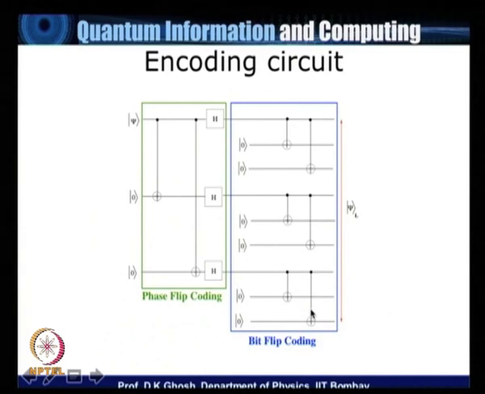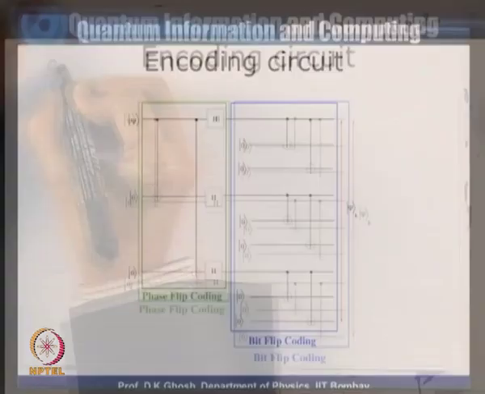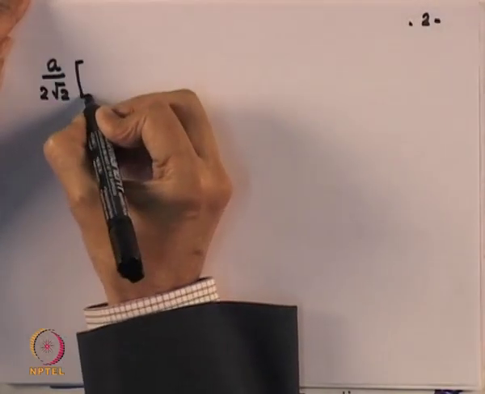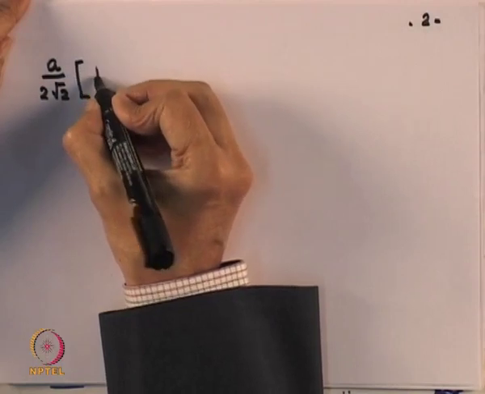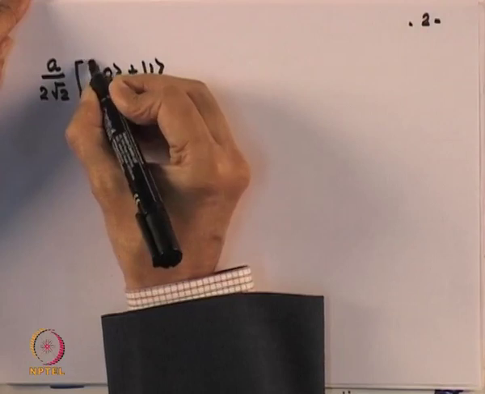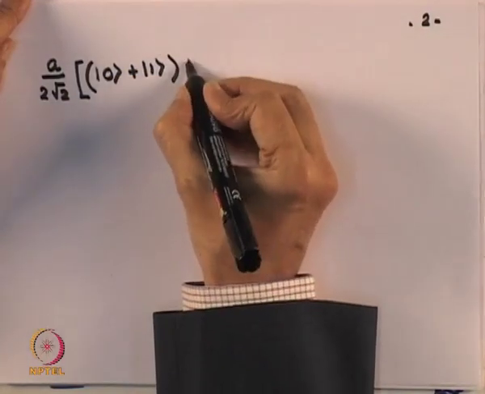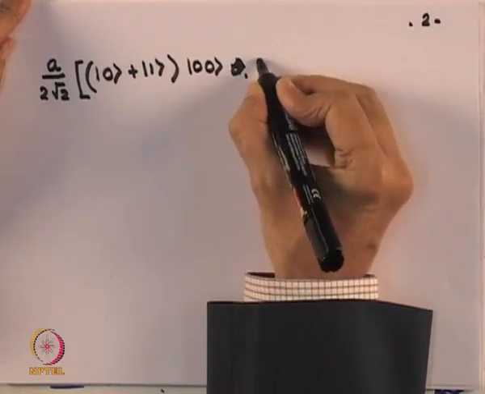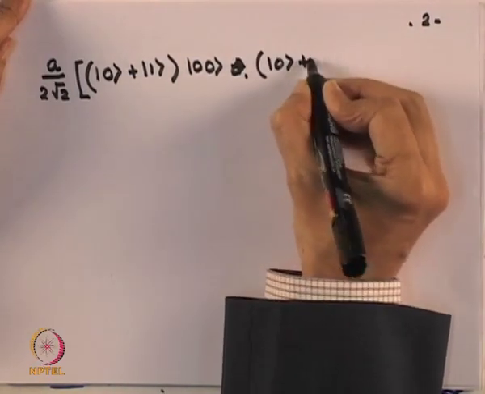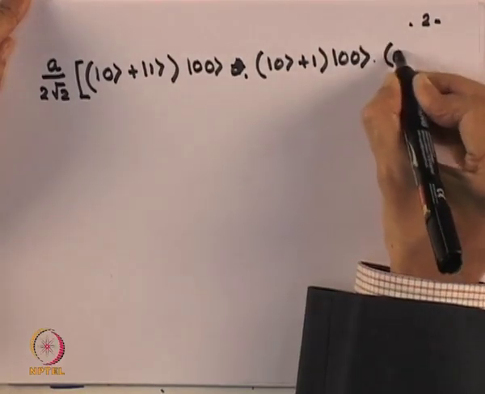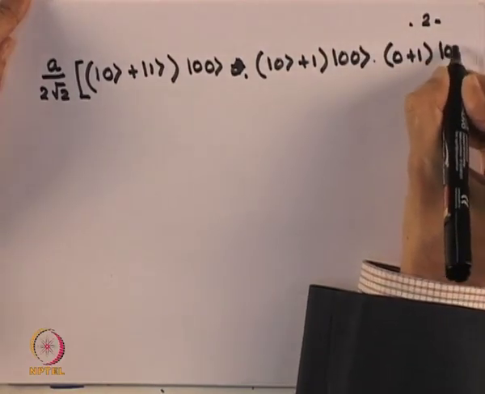So what happens when we do that? Remember I had A by 2 square root of 2. To start with, I have these 9 qubits: 0 plus 1, and these are the two new ancillas we have put in, 0, 0, multiplied again by 0 plus 1, 0, 0, and 0 plus 1, 0, 0.